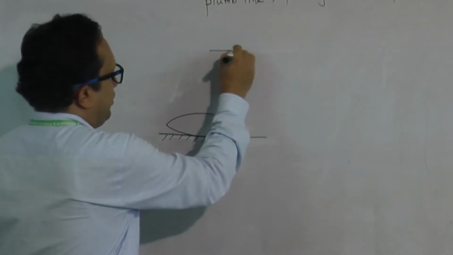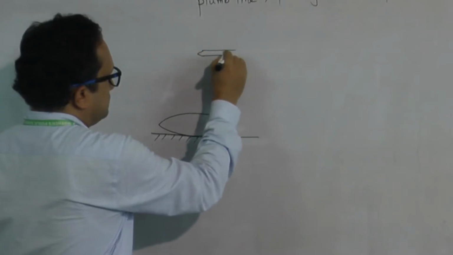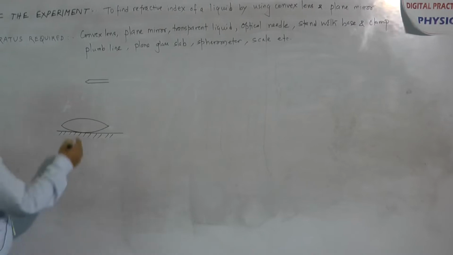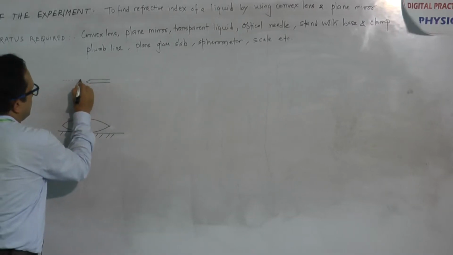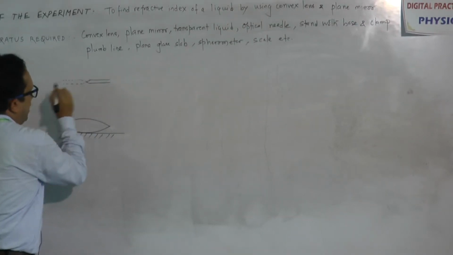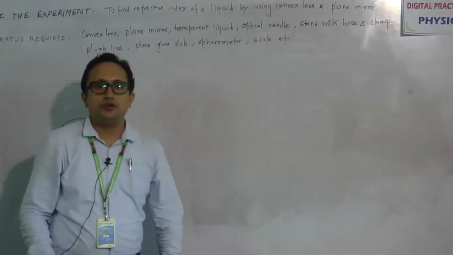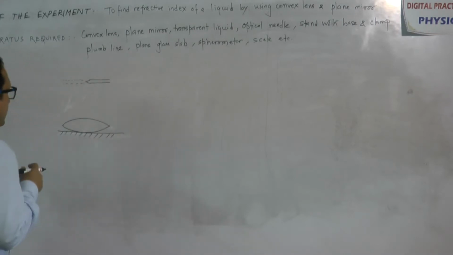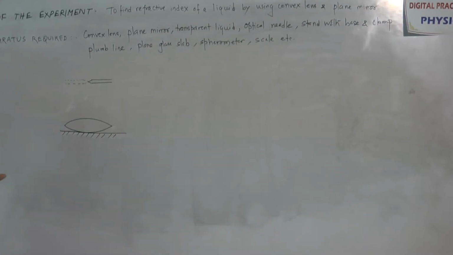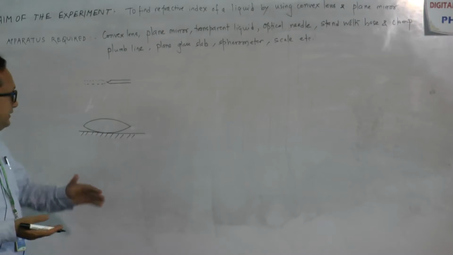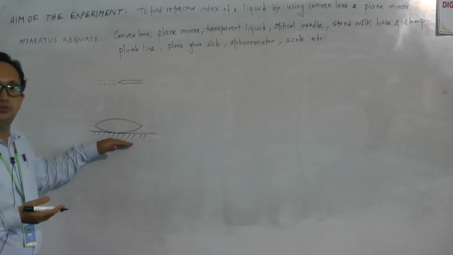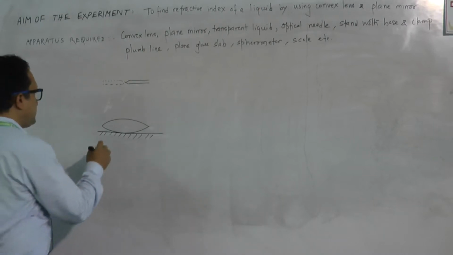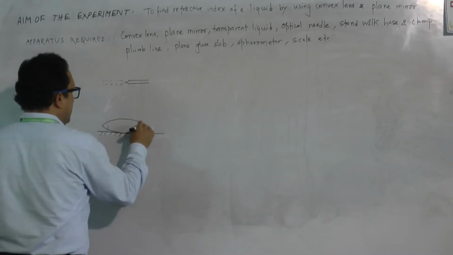So if I have an optical needle, I try to adjust the optical needle in such a way that its image coincides. Now how is this possible? This is only possible if the object is placed at the focus. So how do I ensure that the object will be placed at the focus? I need parallel lines, and that is exactly what a plane mirror will do. Plane mirror will be like the source of parallel lines from which you can imagine parallel lines going in.